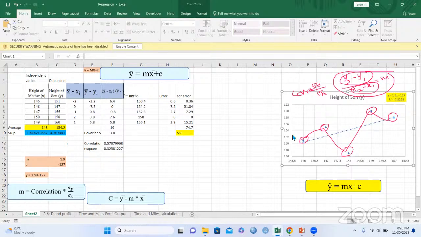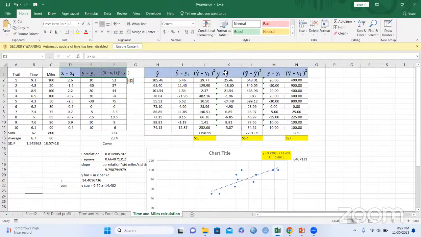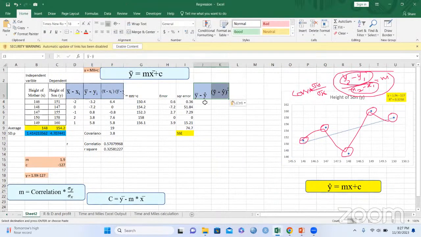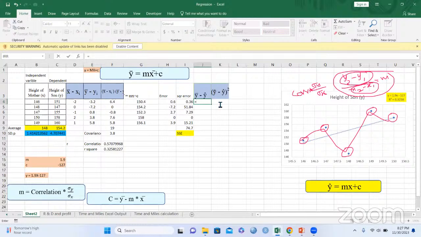Now, the second concept which you are going to see is the difference between the mean value of these particular points and this particular line. That is usually written as y bar minus y cap. I'm just copying this one. My y bar is standard, that is the average of y, minus my y cap, which is the predicted value.